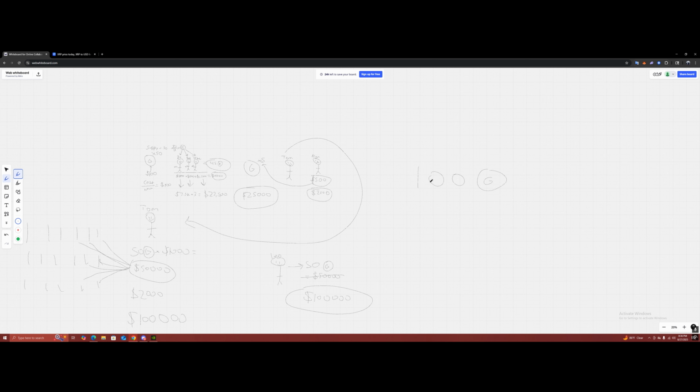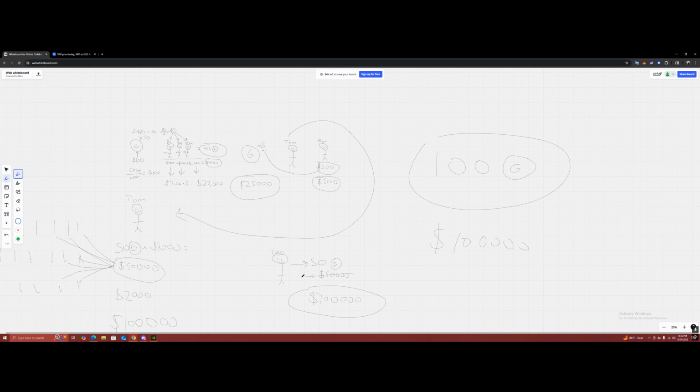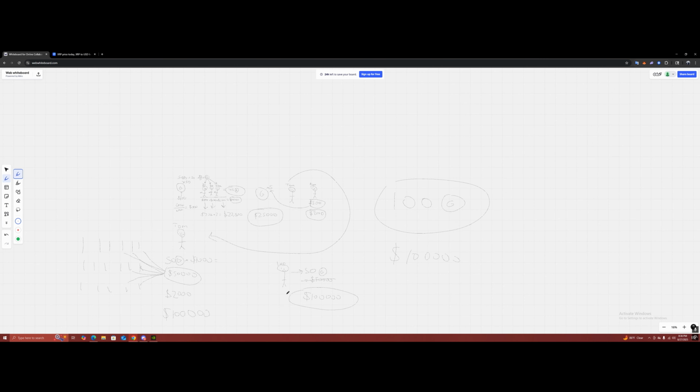So now there's a total of 100 G coin instead of the original 50, and now it's worth 1,000 a piece because the market cap remains the exact same. Leo had to literally offload all of his G coin into the open market, so people bought it at a discount.